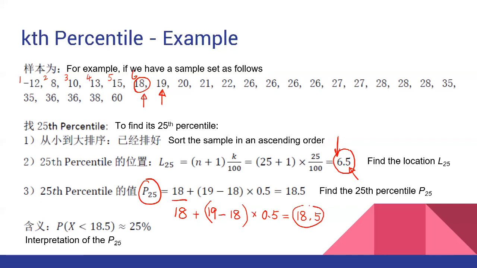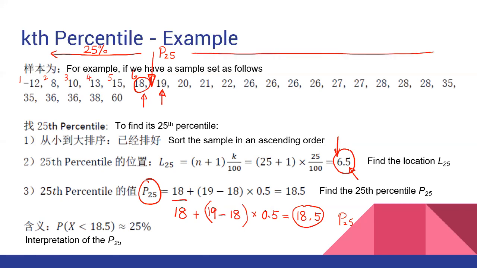This is the 25th percentile, P25. So basically P25 is here. That means on the left-hand side, the relative frequency is 25%, and on the right-hand side of P25 is the remaining 75% of all the data. Understand?